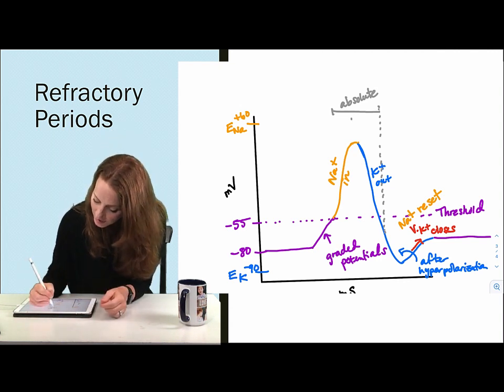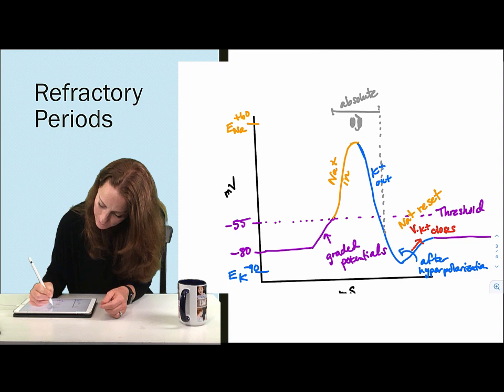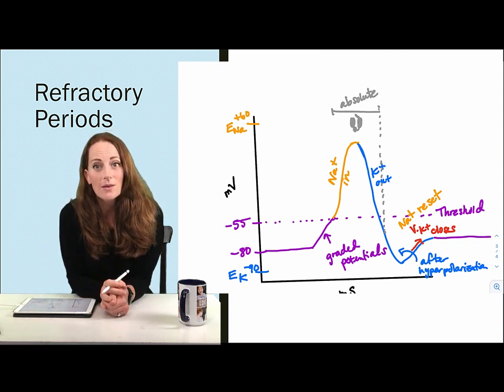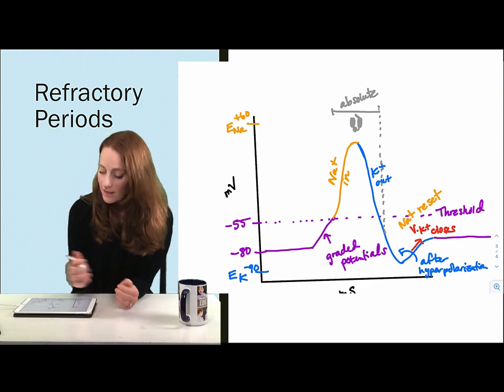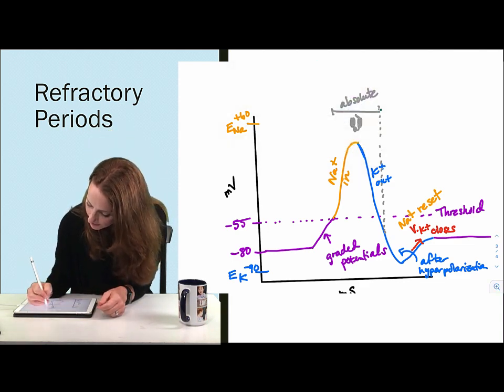So I picture the sodium channels like this, with their activation gates open and the plug of the inactivation gate closing those channels. The relative refractory period would happen at about this point in time.